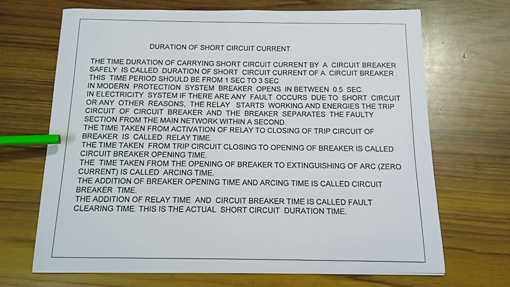The time taken from trip circuit closing to opening of the breaker is called circuit breaker opening time. The time taken from the opening of the breaker to extinguishing of the arc, meaning zero current, is called arcing time. The addition of breaker opening time and arcing time is called circuit breaker time. The addition of relay time and circuit breaker time is called fault clearing time. This is the actual short circuit duration time.